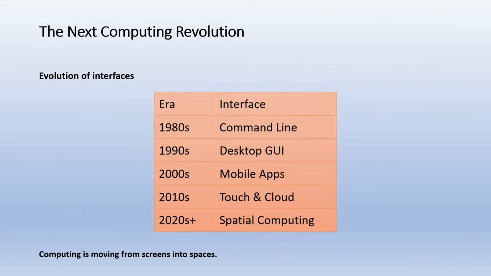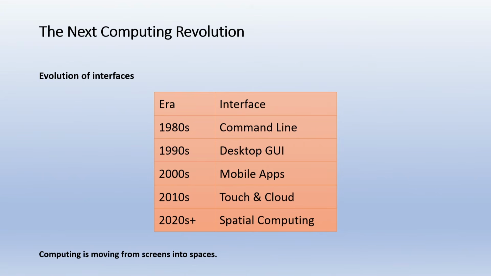So, I will start with the next computing revolution. If we look at how interfaces that we use in our day to day life have evolved, we can see that in the 1980s, we had command line interfaces, where you start a command prompt and from the command prompt you give some commands, and those commands help you carry out different tasks on a computing system. Slowly, as the 90s came around, we had desktop graphical user interfaces.